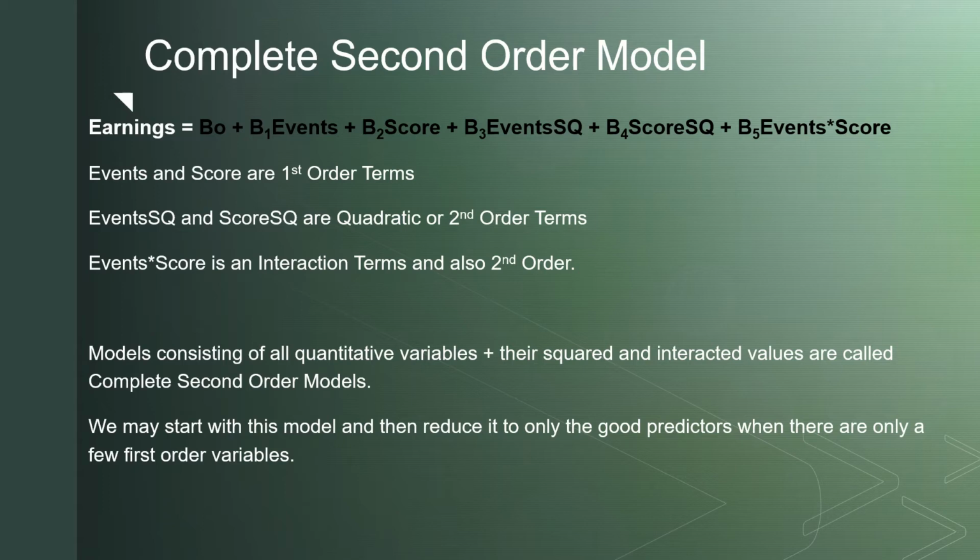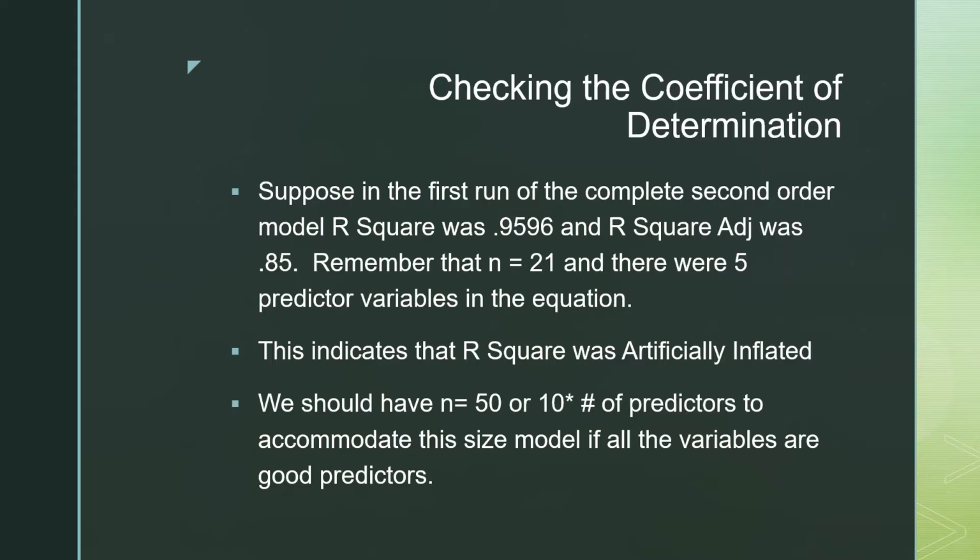So a lot of times, if we don't have a lot of variables, we could start with a complete second order model, then reduce it down to only the good predictors using stepwise. We also would like to check the coefficient of determination.